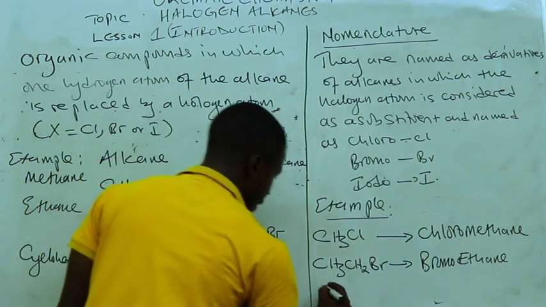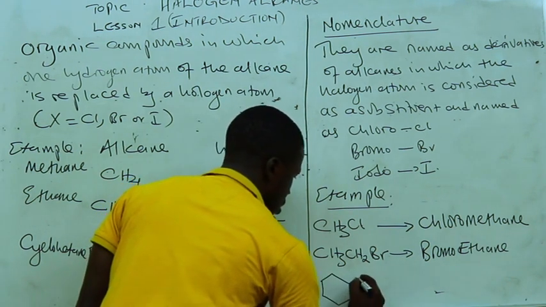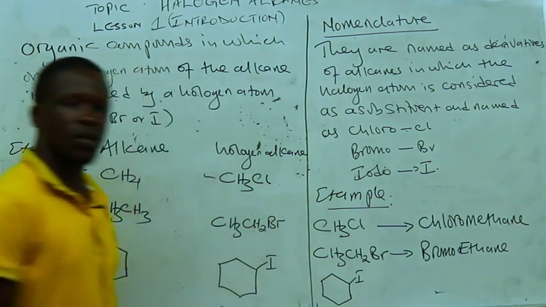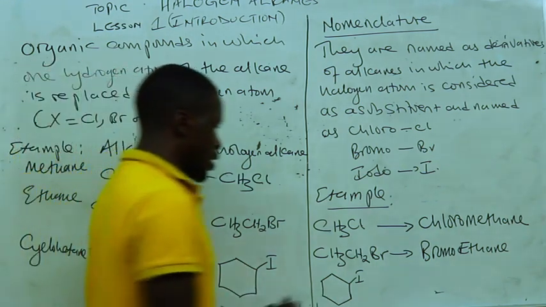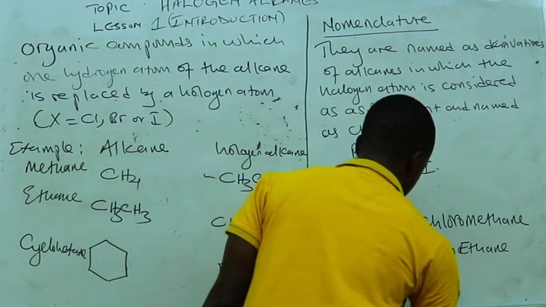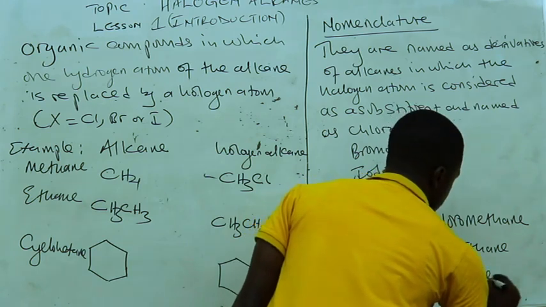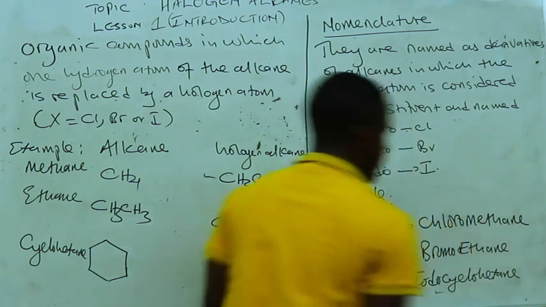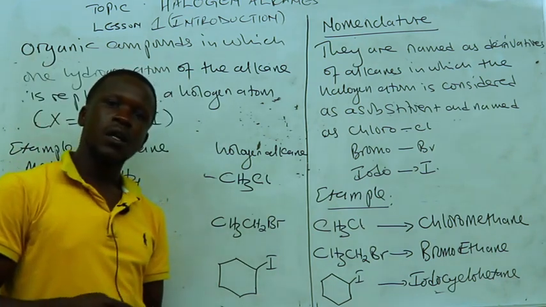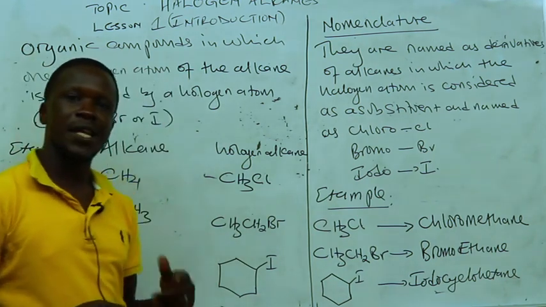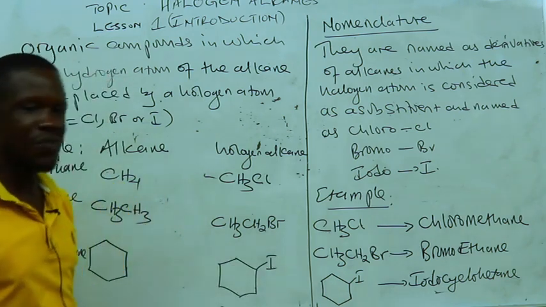When you look at this other example, which is cyclic, the alkane is cyclohexane. And so we will put the branch as iodo: iodocyclohexane. However, the naming becomes interesting when the number of carbon atoms in the straight chains increases beyond 2.